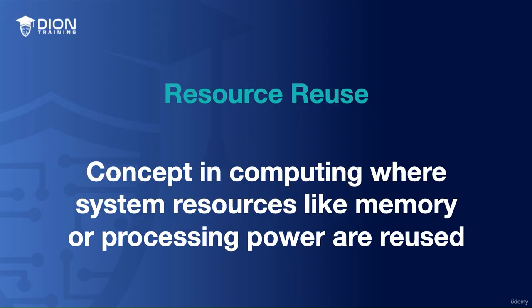Finally, resource reuse. Resource reuse is a concept in computing where system resources like memory, storage, or processing power can be reused for different tasks or processes. While this is an efficient way to utilize resources, it can also introduce a type of vulnerability known as a resource reuse vulnerability. A resource reuse vulnerability occurs when a system resource such as memory is not properly cleared or reset before being assigned to another task.